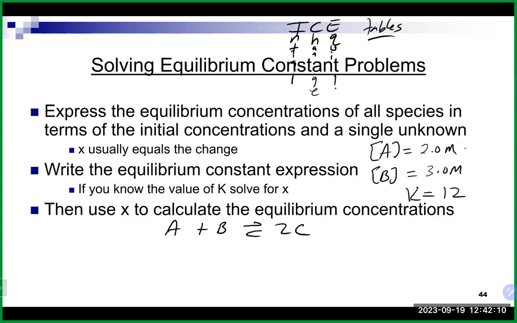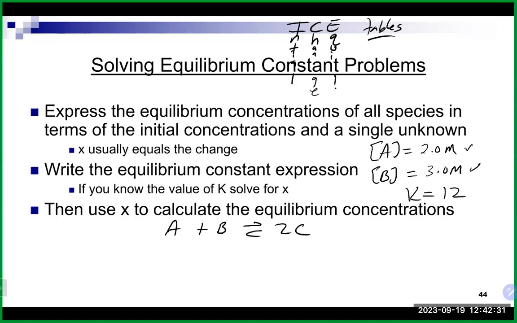These are assumed to be initial concentrations, and you can make a pretty safe assumption that they are initial concentrations in most of these problems, even though a lot of times they won't flat out say it. They'll just give you some concentration.